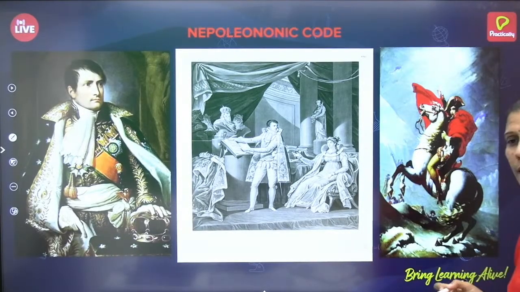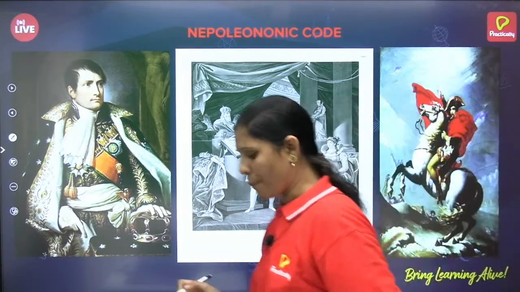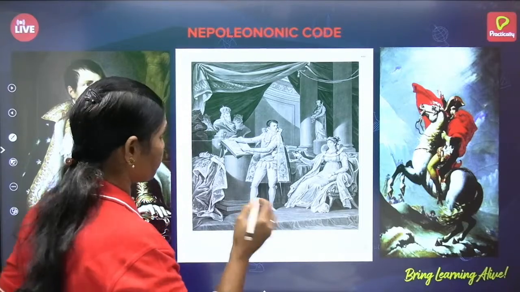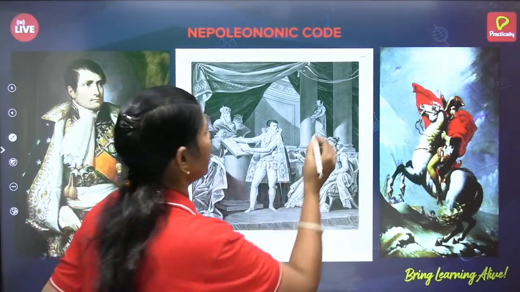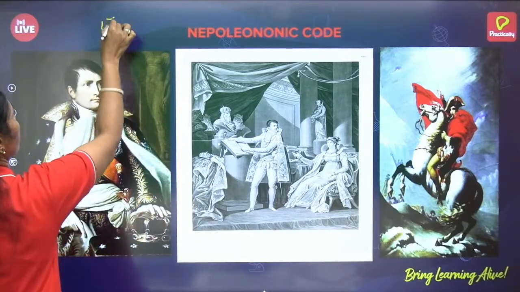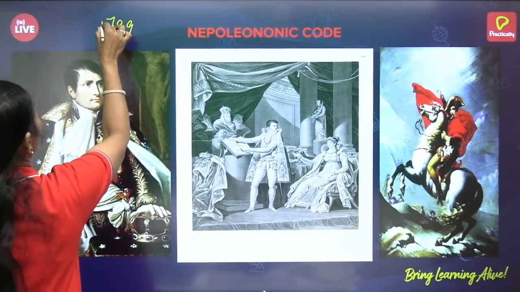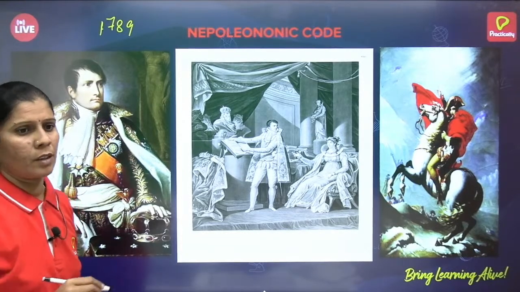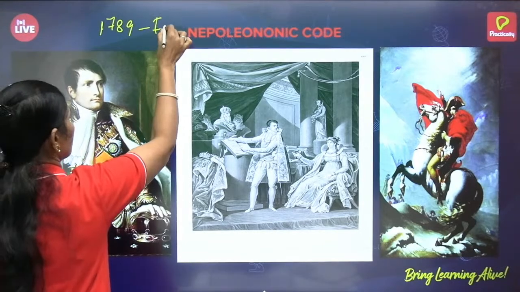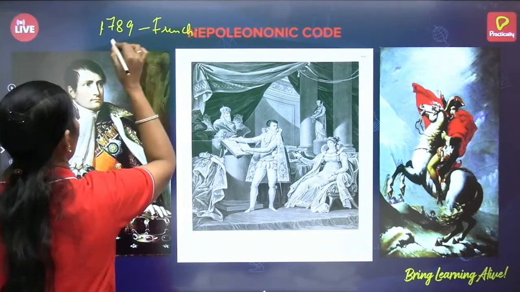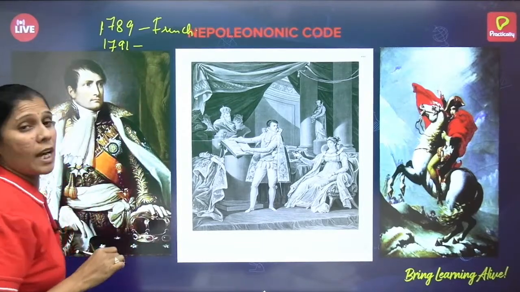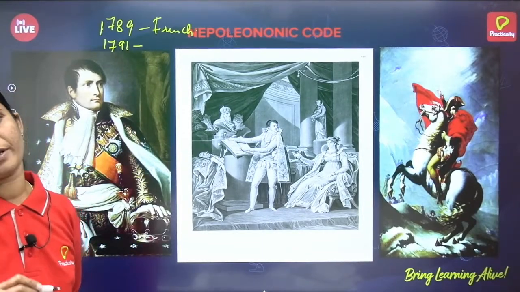In the previous session, we came across different concepts within the French Revolution. Just a recap here: 1789, that's the French Revolution. In 1791, the French established a constitution for their country.